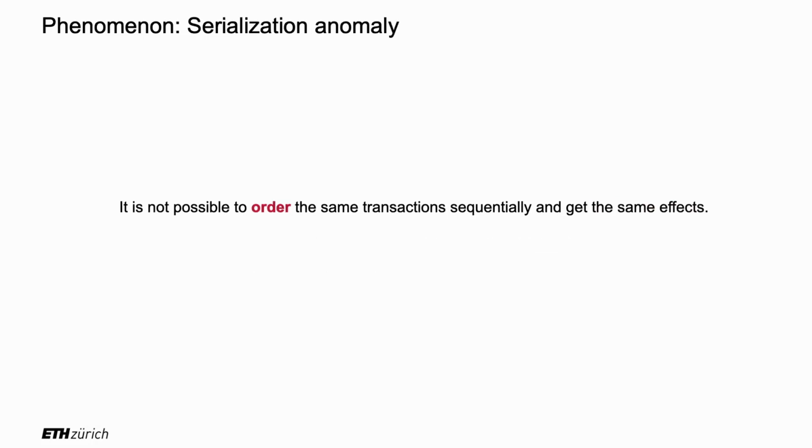And then there is another phenomenon, which is the serialization anomaly. And to explain that, you really have to think of what is an ideal world. In an ideal world, people take turns, right? It means that Alice, Bob want to do transaction, they just alternate.